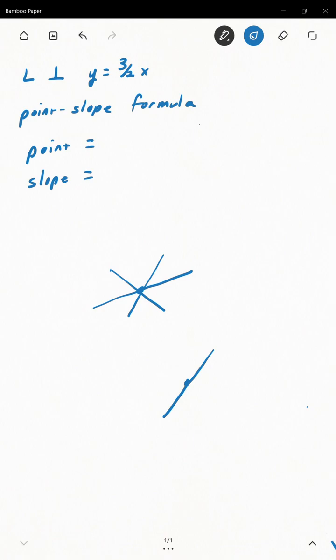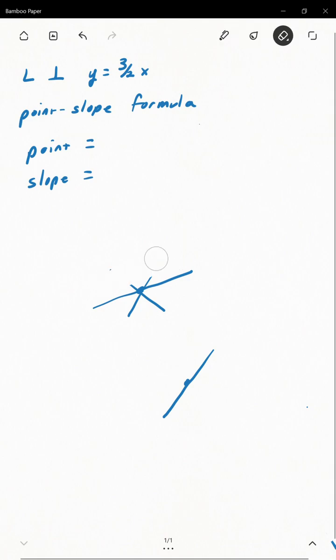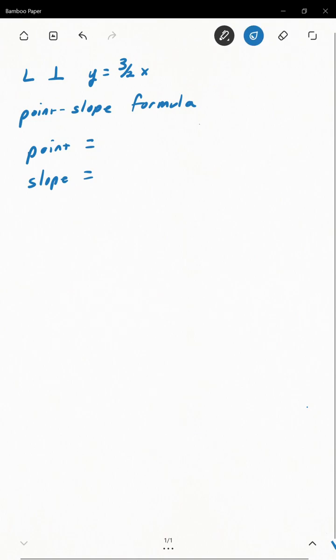So if you have a point and a slope, I can turn that into an equation that defines exactly one line. So the trick is, when they're asking for the equation of a line, you need to find these two things. And the great news is they gave us one of them.